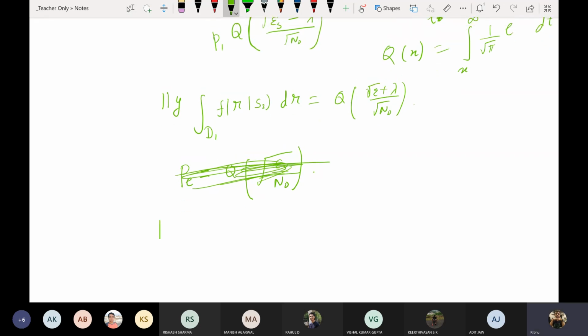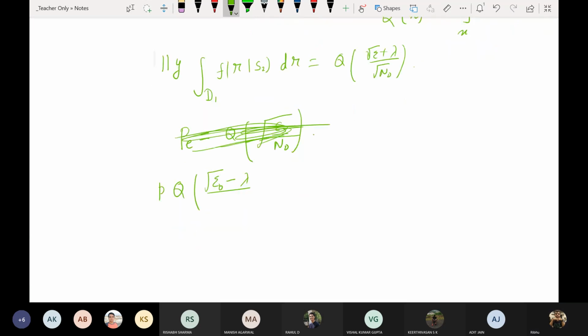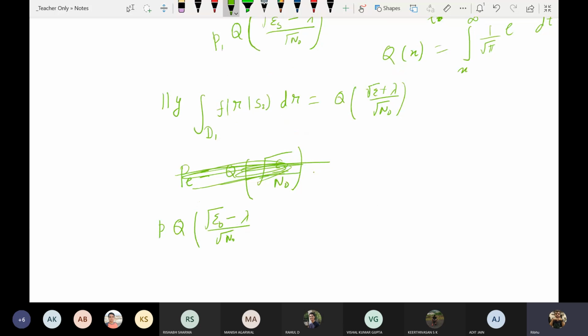So this gives you Q of lambda by root over n naught plus 1 minus p Es plus lambda root over n naught, and so this is the probability of error.